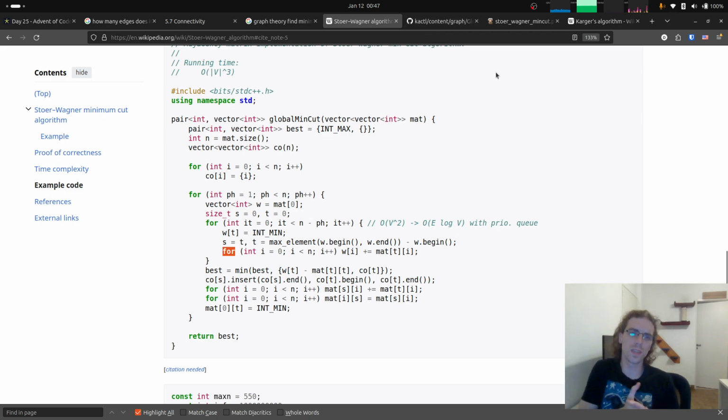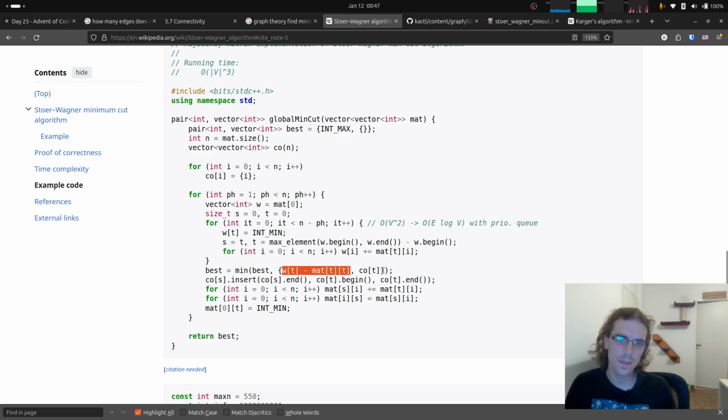So we need to do something kind of like this. When do we put things into best? Best is the minimum between best and these. Great. So since we have the minimum weights, that's interesting.